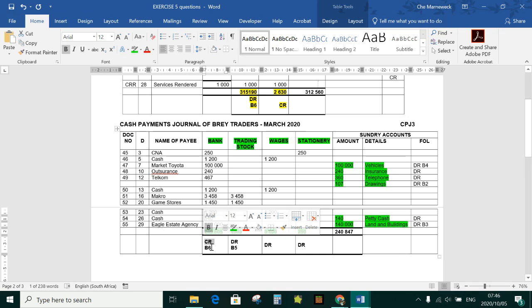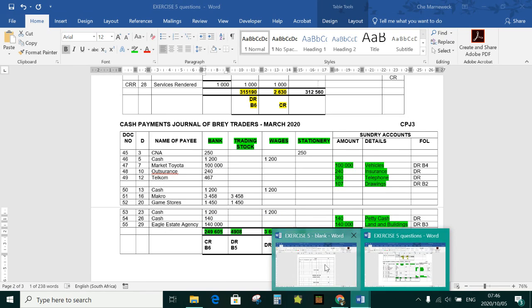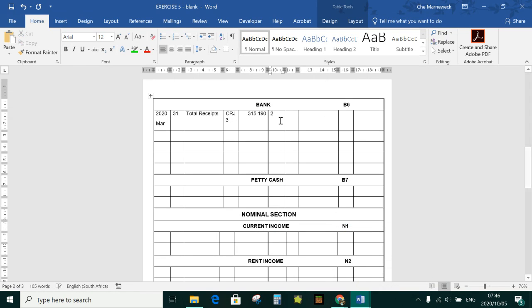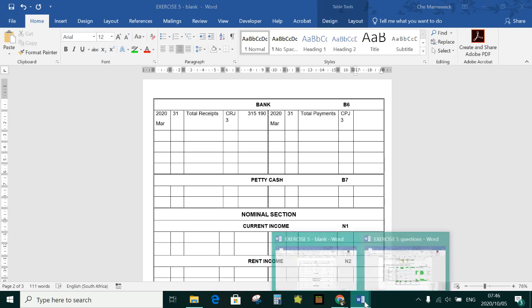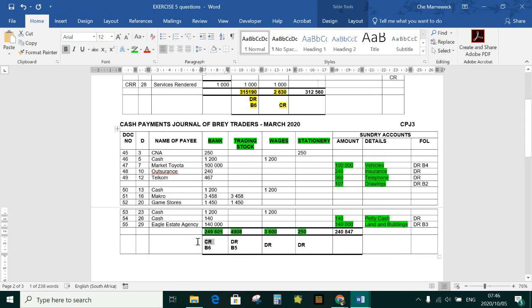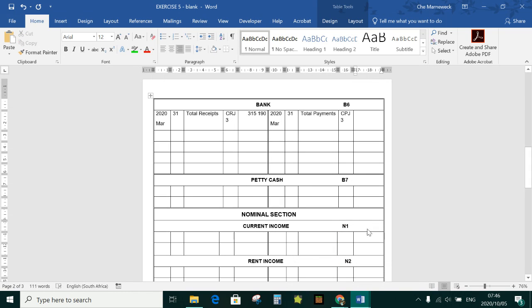It's going on the opposite side, the credit side. So 2020, March 31st, total payments, TPJ3, and the amount is 249,605.